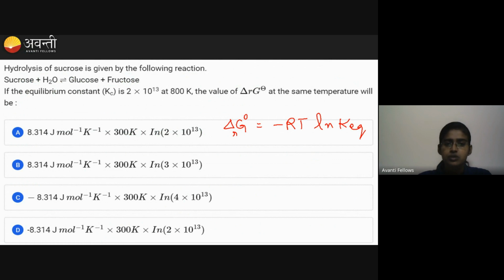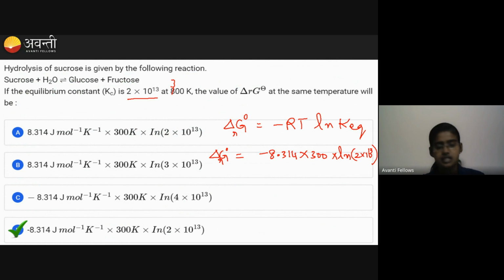R value is 8.314 joule per mole per Kelvin into the temperature. It is not 800, it is actually 300 Kelvin, into ln of the equilibrium constant, 2 into 10 to the power 13. This is your delta Gr naught value, which is given in option D. So option D is the correct answer.